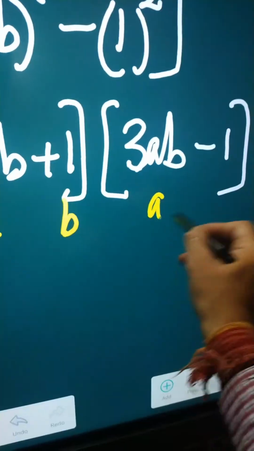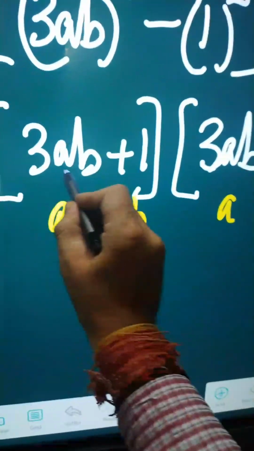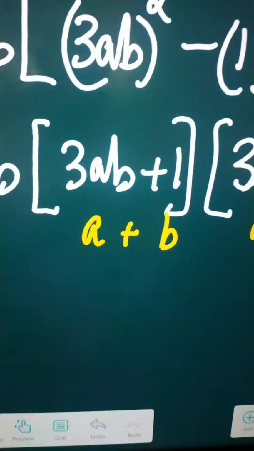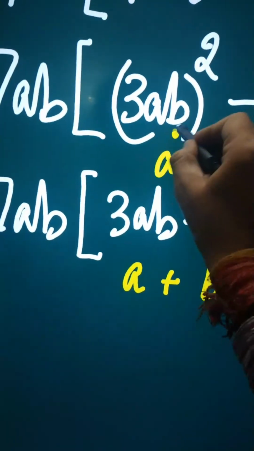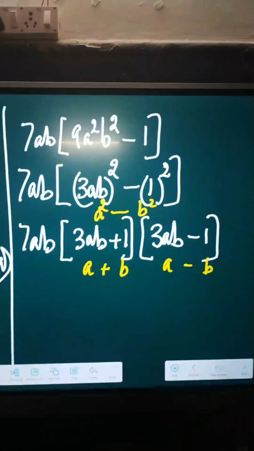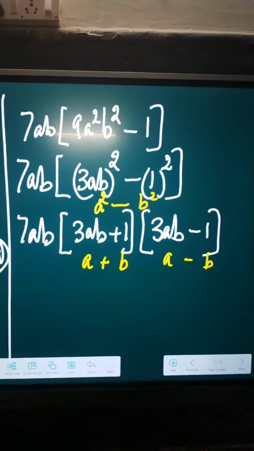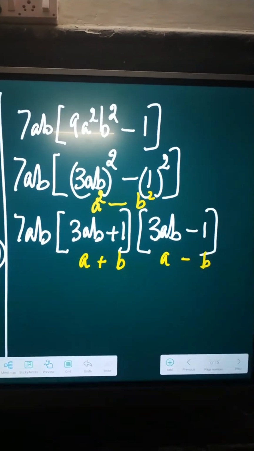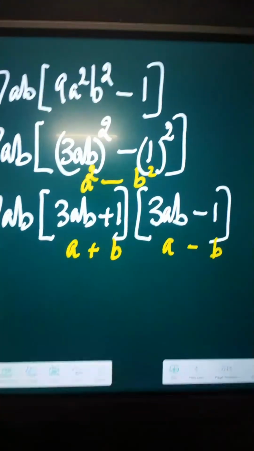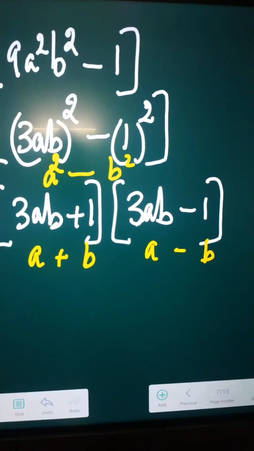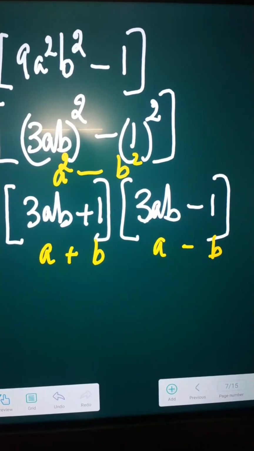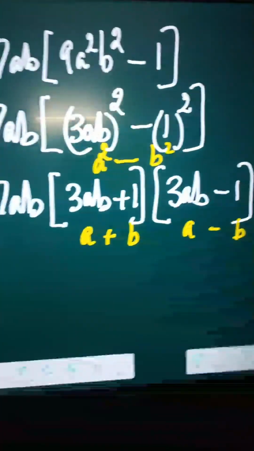So 3ab square will be a square, 1 will be b square, which is written as a plus b and a minus b. So observe this carefully. The formula of a square minus b square will become clear to you.